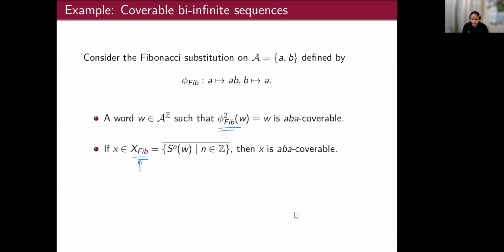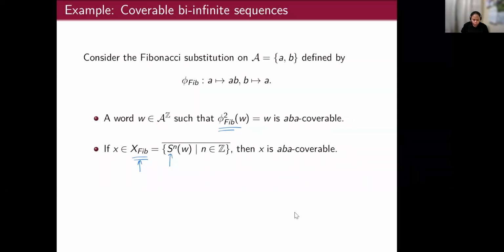Before we proceed, I'd like to remark on some of the notation used in this slide. First, the map S here is the shift map on the set A to the Z. Under S, we shift the letters of W one position to the left. The set A to the Z forms a metrizable space under the product topology when our alphabet A is equipped with the discrete topology.